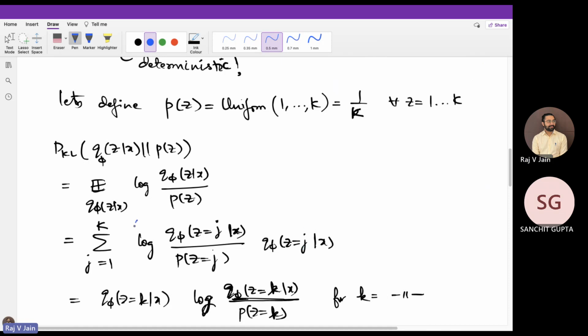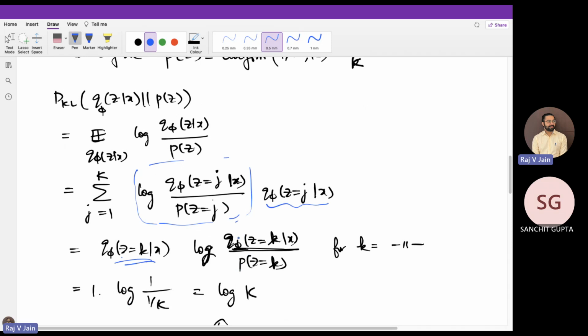So all of these terms become valid only when z equals k, the minimizing one, and the summation turns out to be just one term. For that particular k the value is 1, and this is a uniform prior, 1 by k, so it becomes log k.